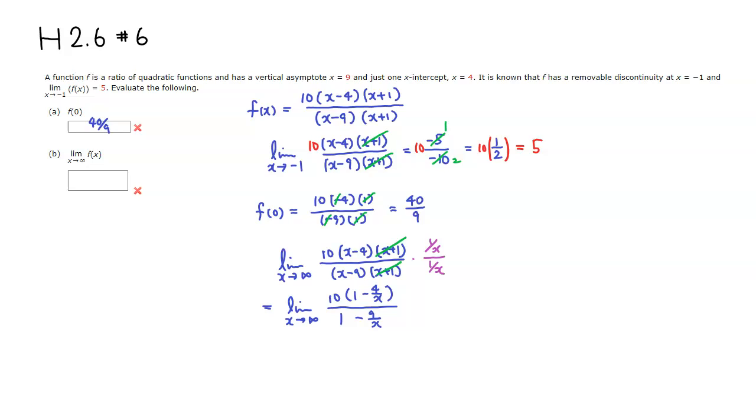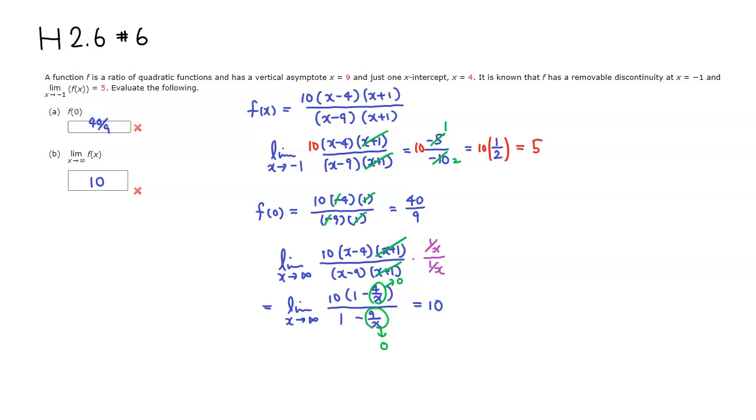Then you know that 4 over x is going to approach 0 as x gets larger and larger. The same thing happens to 9 over x, which approaches 0. So what's left is 10 times 1 over 1, which is equal to 10. So the answer for that is 10.